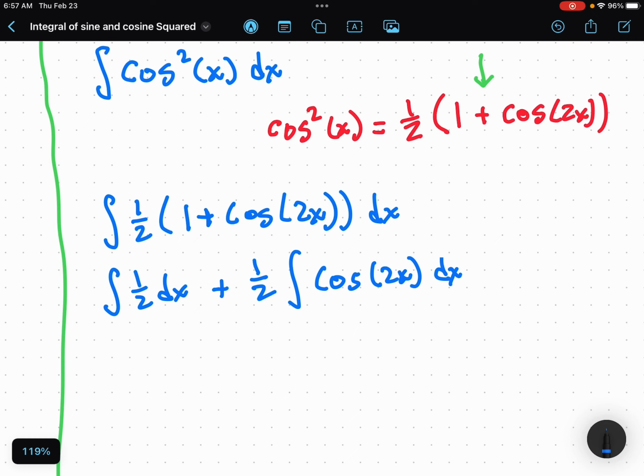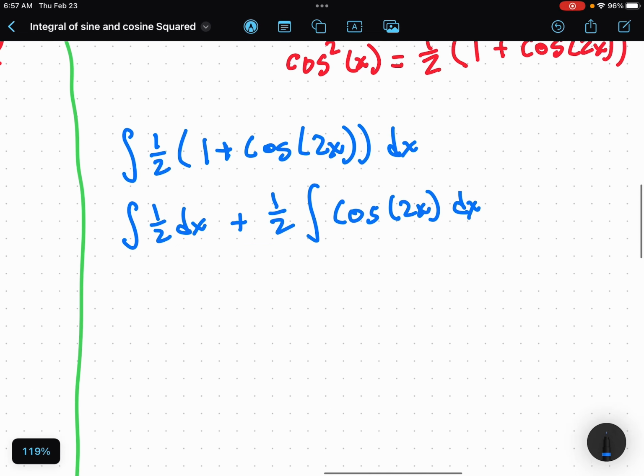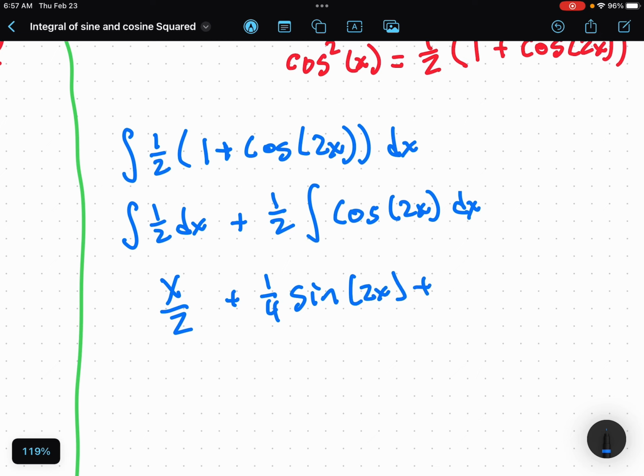And since we already did all the u substitution, I'm just going to skip to the punchline here. We know the only thing that's changed is a plus sign. So let's take advantage of that. This turns into x over 2. This turns into plus 1/4 sine of 2x plus c.